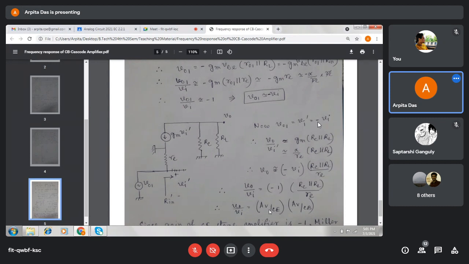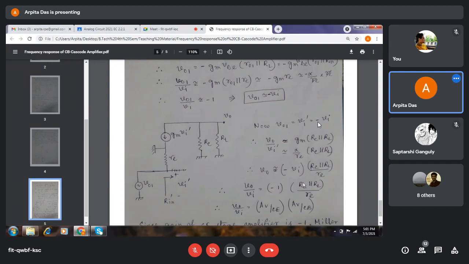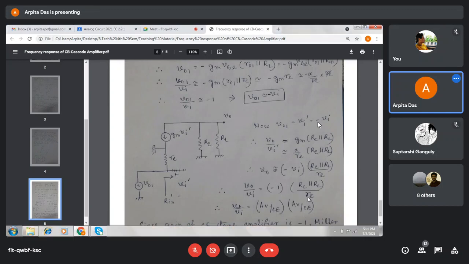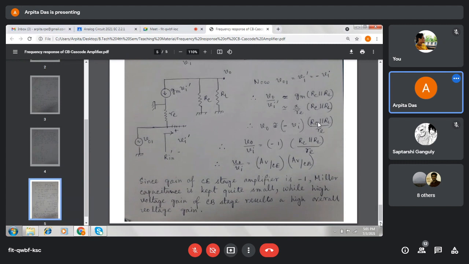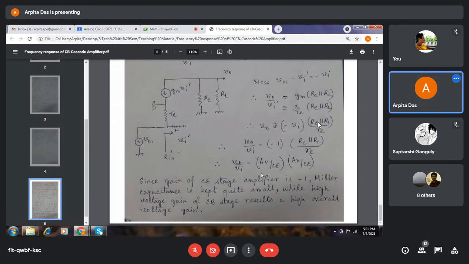So overall VO by VI, the ratio of the overall output voltage by input voltage, is the product of gain of two stages, but here the first stage gain is 1, and the second stage gain is a finite gain. The first stage will provide you the unity gain.